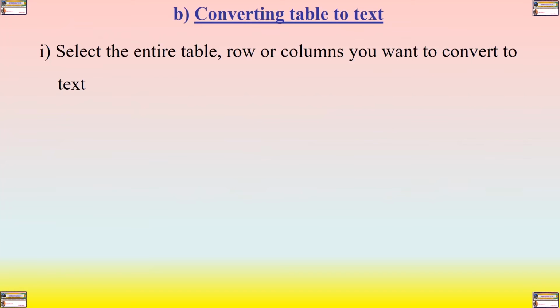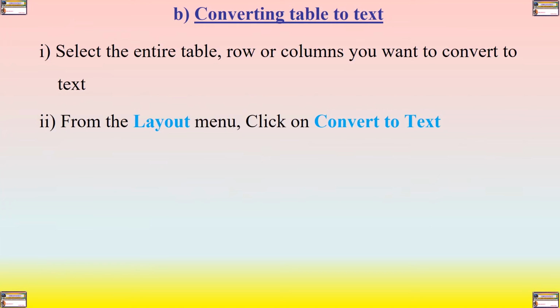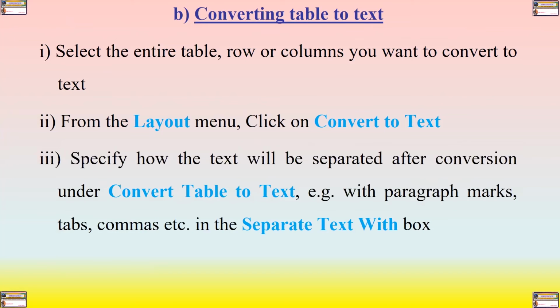If you want to convert table to text, you select the entire table, rows or columns you want to convert to text. Then from Layout menu, click on Convert to Text. From there, specify how the text will be separated after conversion and convert the table to text.